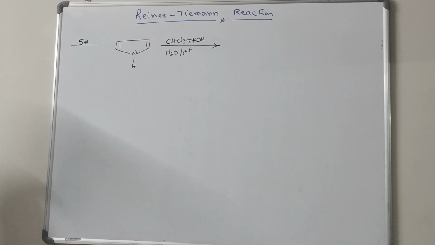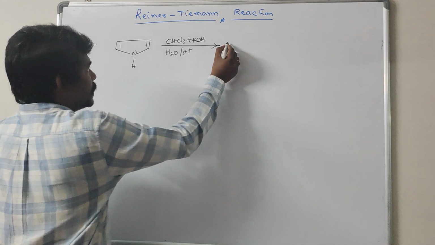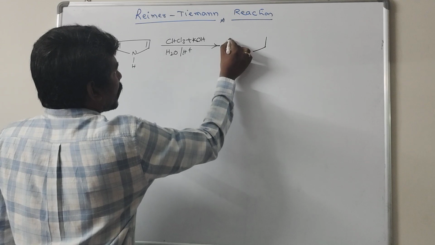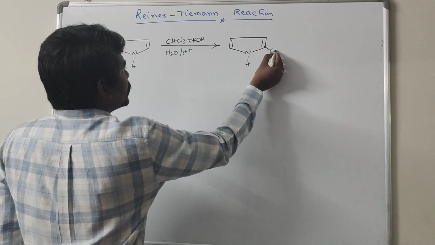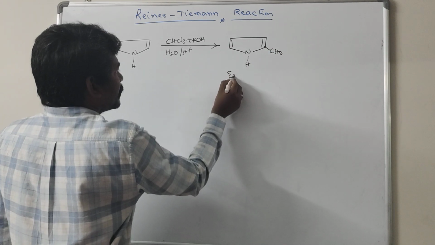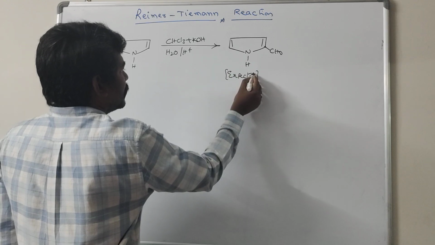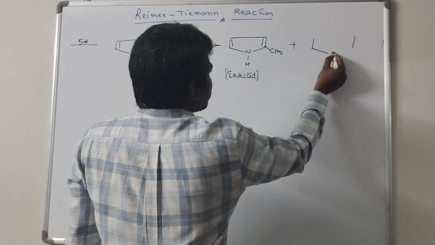The expected compound is the ortho substituted aldehyde, with CHO. This is expected. One more compound is formed, that is a ring expansion.